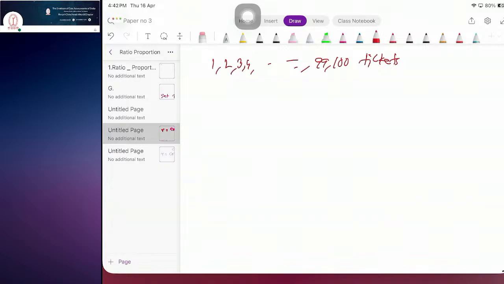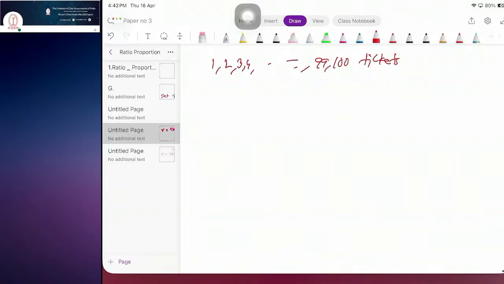From these 100 tickets, we want to select a ticket. The tickets are well shuffled and a ticket is drawn.